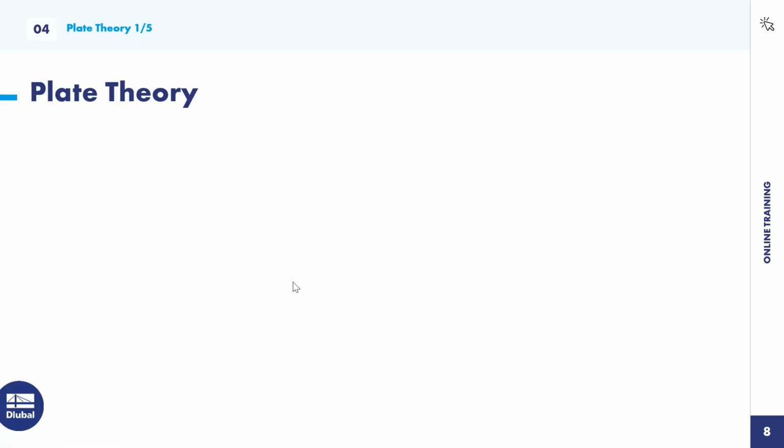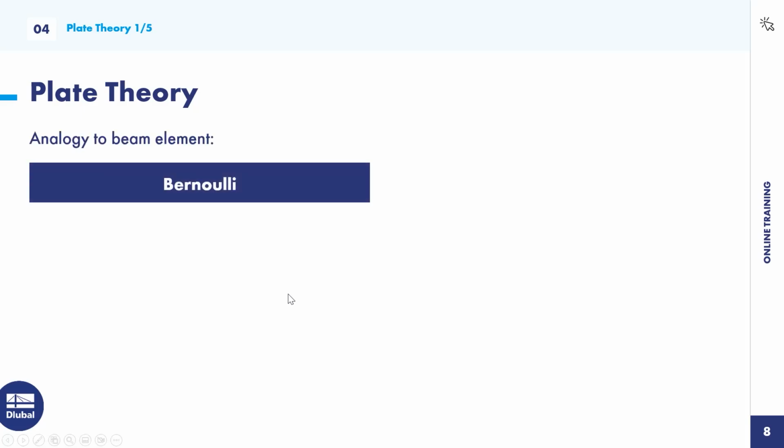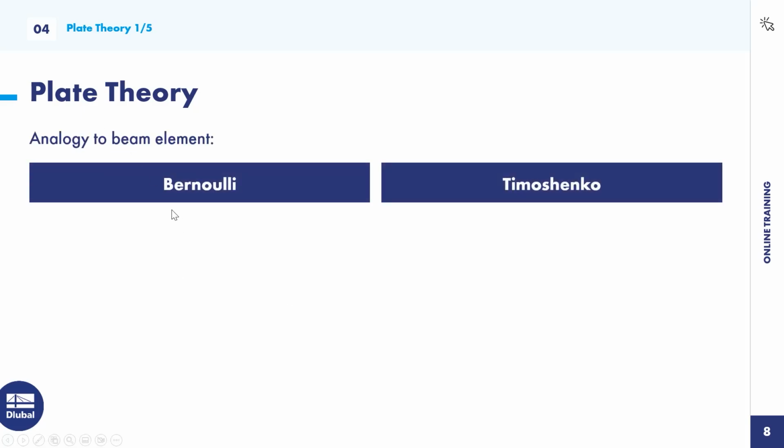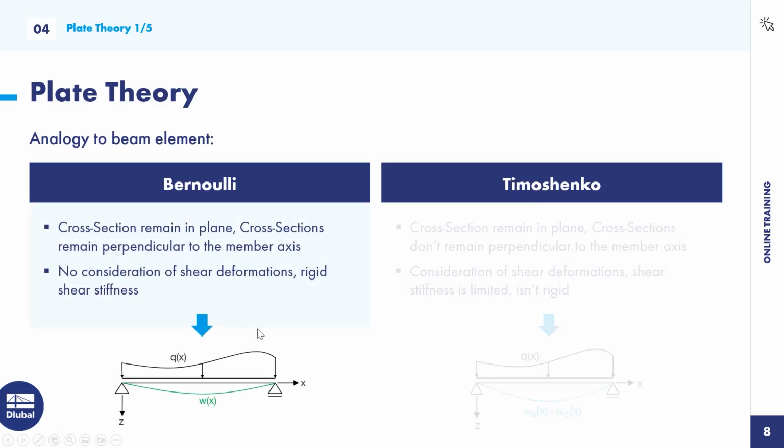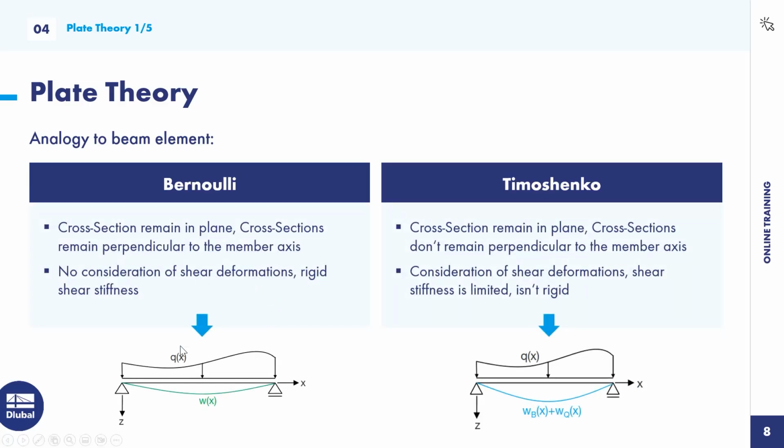So for members, you might know there are two concepts or two theories. The plate theories are almost the same as those for members. For the beam element, we have the Bernoulli as well as the Timoshenko beam. The differences, well, let's go for the similarities first.